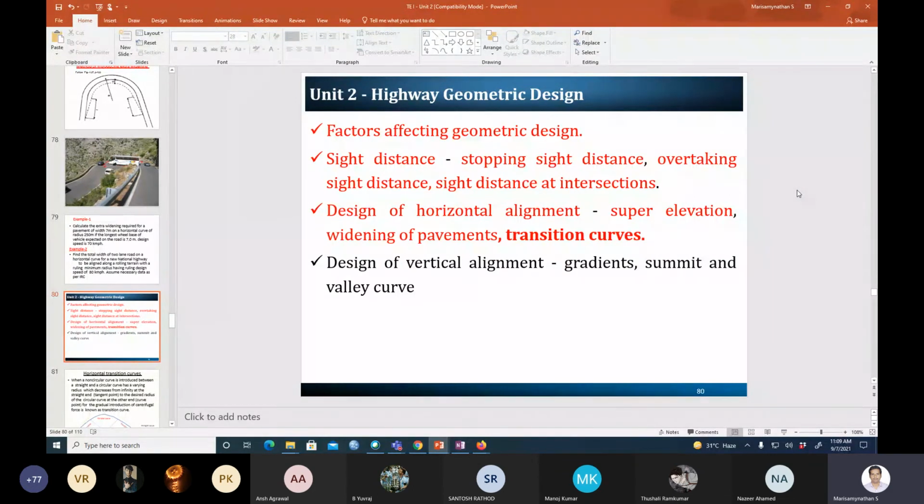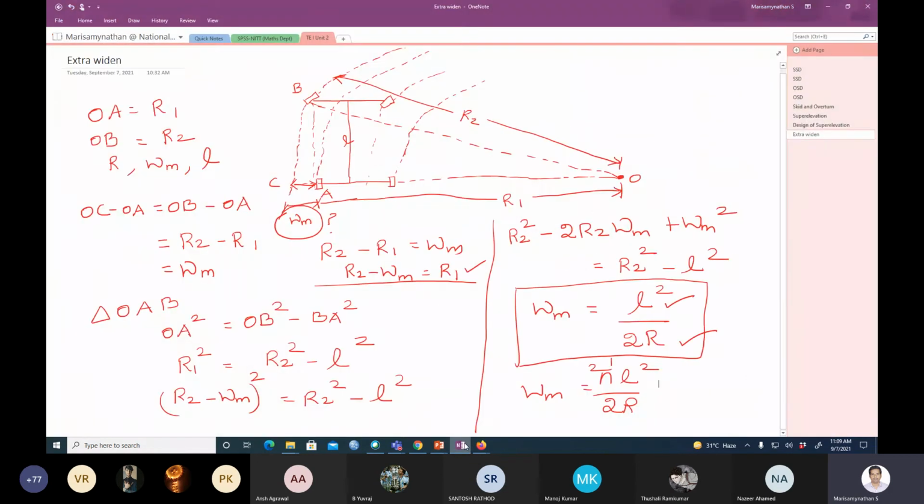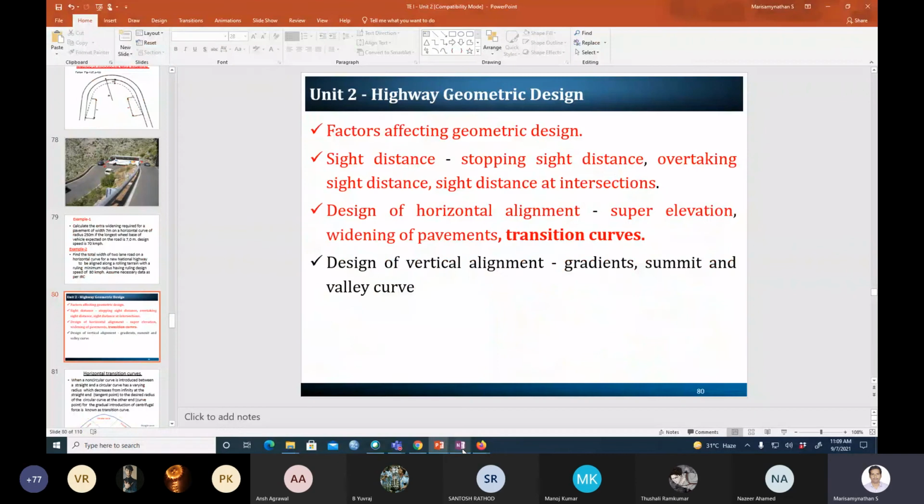Extra widening, basically we provide for four major reasons. Those reasons we have discussed, particularly when it comes to extra widening design estimations, we try to understand the off-tracking effect. To nullify that off-tracking effect, the mechanical widening is introduced. The simple derivation we have seen as part of your syllabus. Once we understand the mechanical widening, the formula for the psychological widening is directly given.